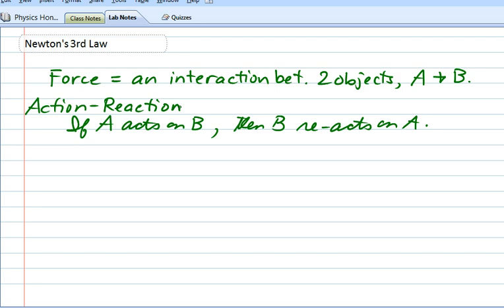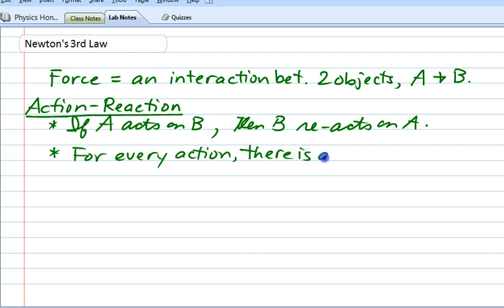The way we actually talk about this in practice is: for every action there is an equal and opposite reaction. I think people are pretty comfortable with this definition, but putting it into practice and really understanding what it means is another thing.